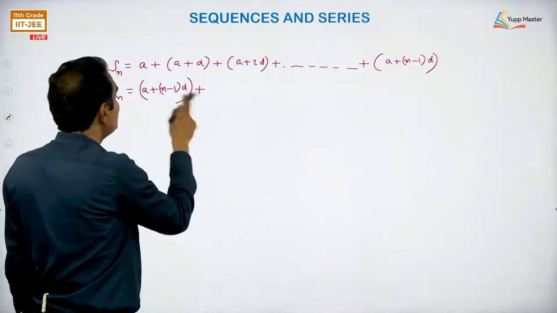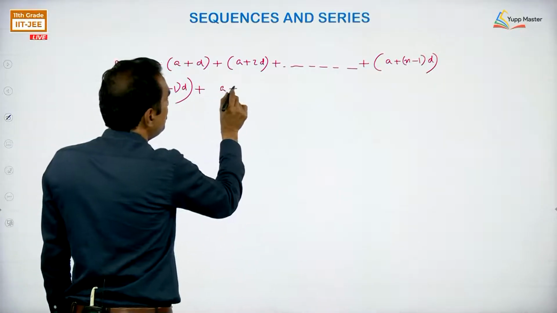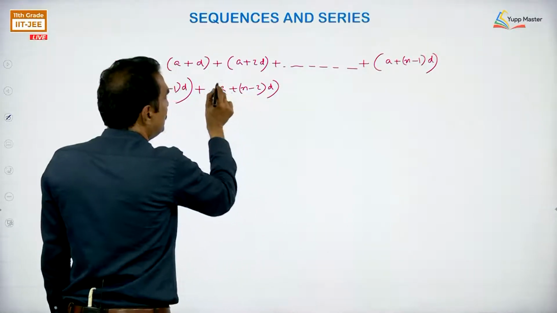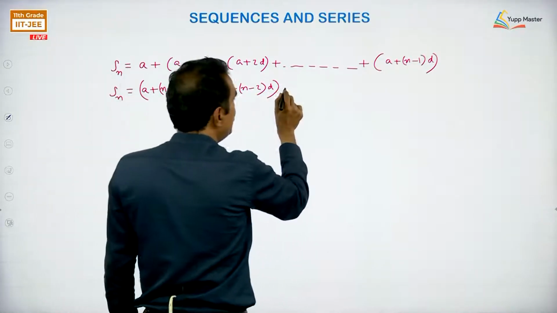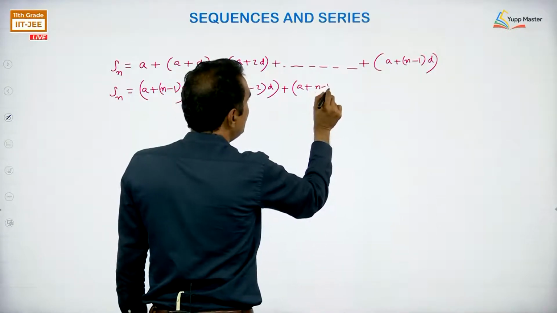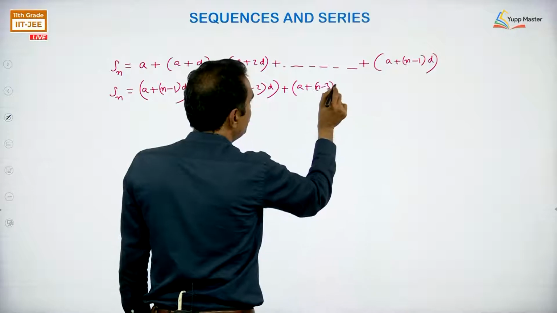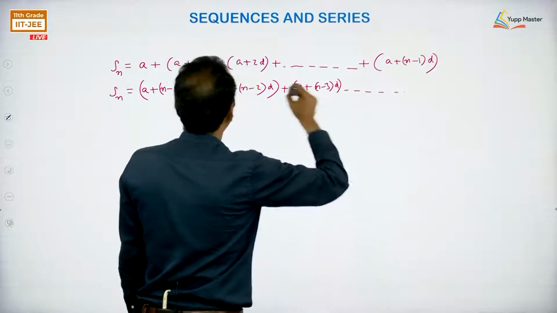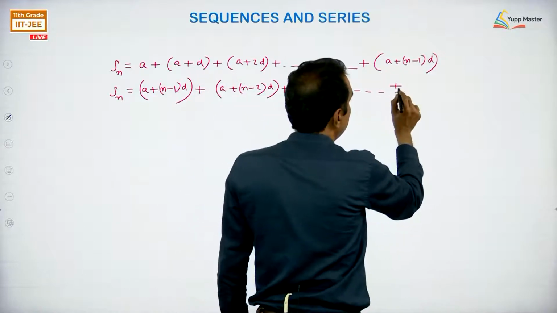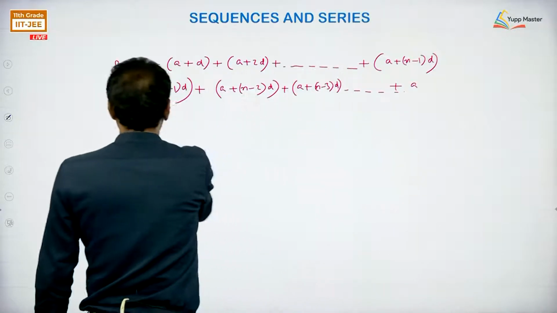So this minus d will be a plus n minus 2 into d. Next term, again subtract another d, a plus n minus 3 into d, and so on. This first term a becomes the last term, plus a.